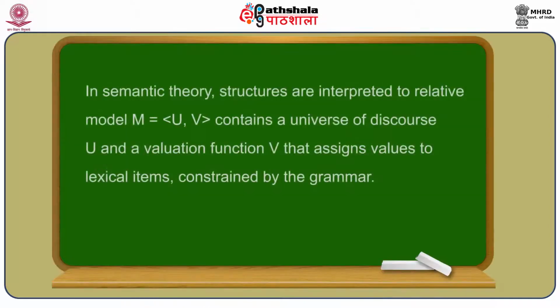Okay? Now, as is customary in semantic theory, structures are interpreted relative to models, which consist of a universe of discourse and a valuation function, which assigns values to lexical items of a language. Okay? In this module, we won't look at pronouns and just stick to traces. Traces get interpreted as variables. Predicates are interpreted the way we're familiar with already.